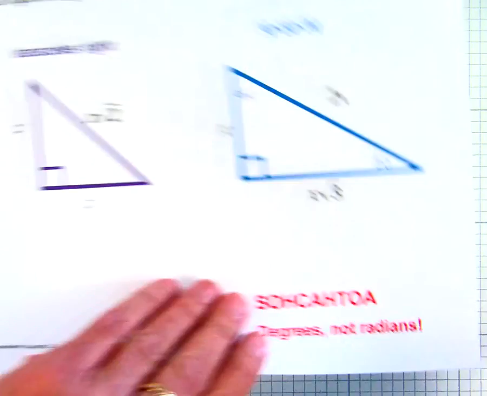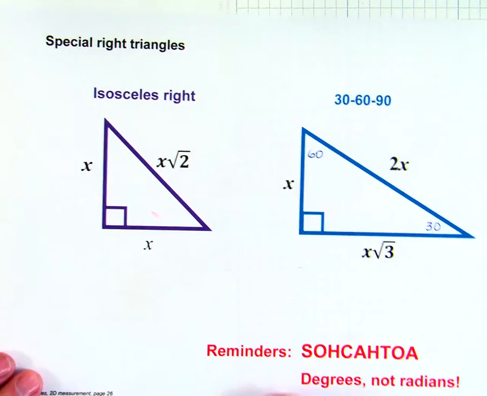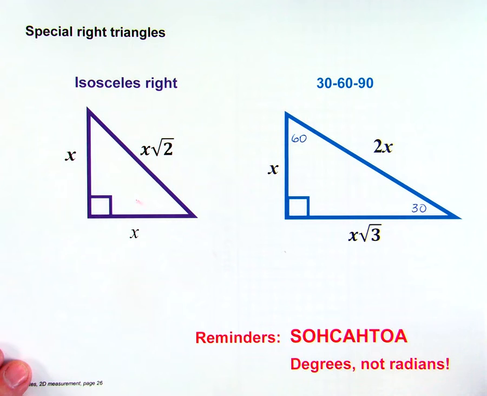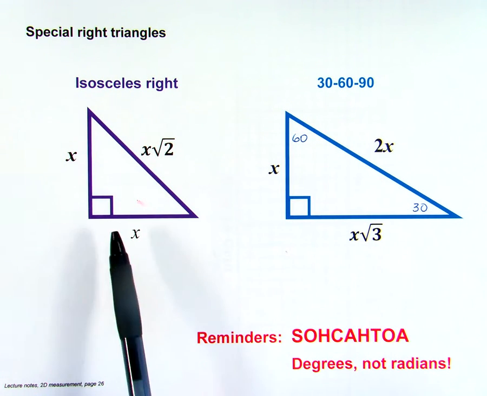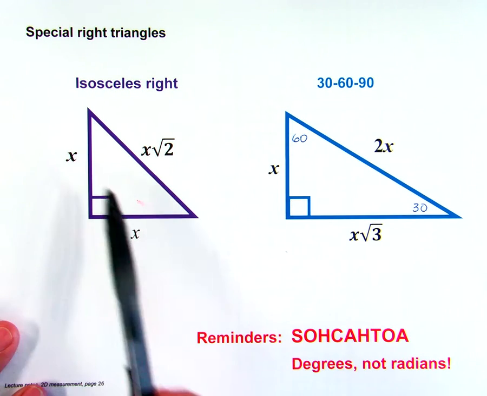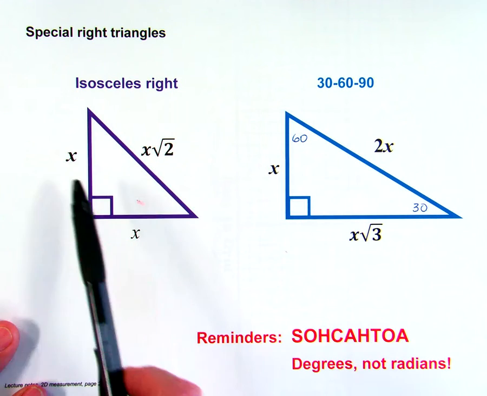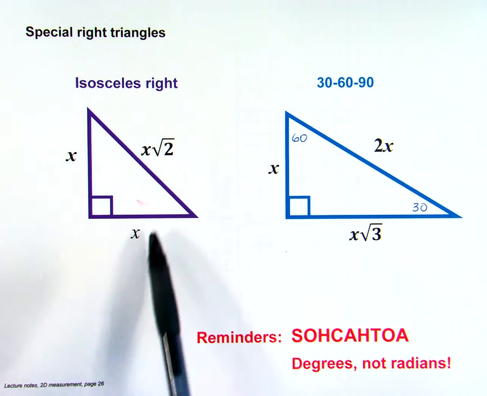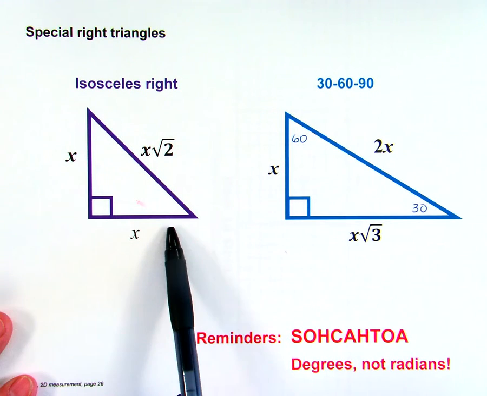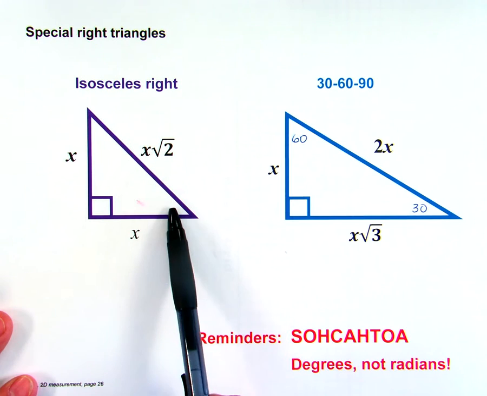And let me remind you of your special right triangles. We have the isosceles right triangle, where the short side times the square root of 2 is the hypotenuse.